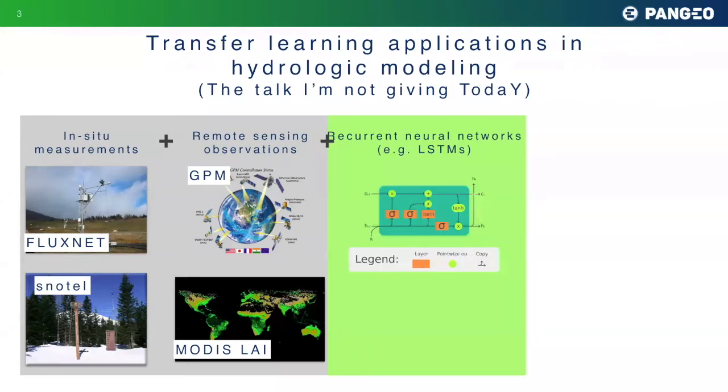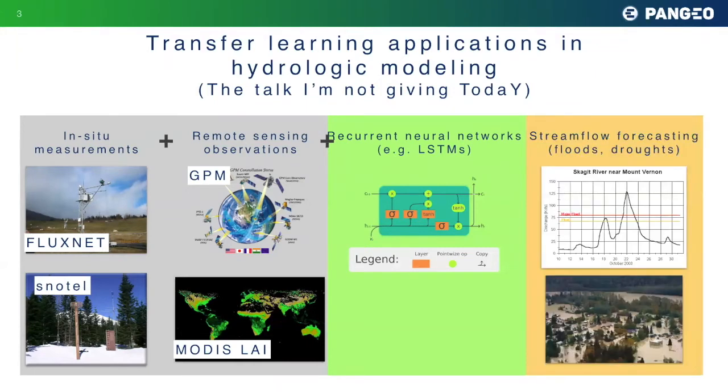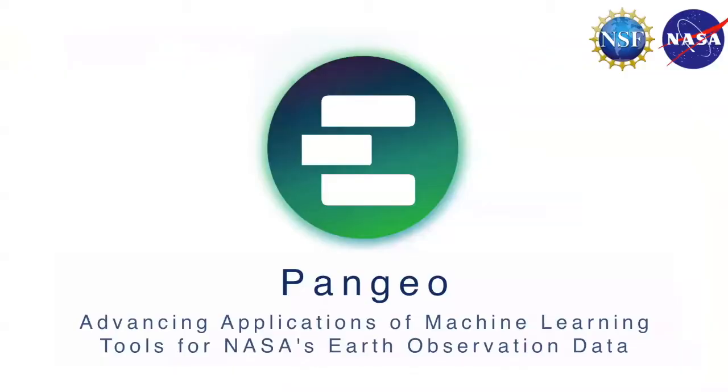And we've been using LSTMs, or recurrent neural networks, to predict streamflow with those. And this is just an example of a flood in the corner. But the idea is there's been some early work in hydrologic modeling showing that LSTMs are actually outperforming process-based models. And so for things like flood prediction, this is a really exciting area of research right now.